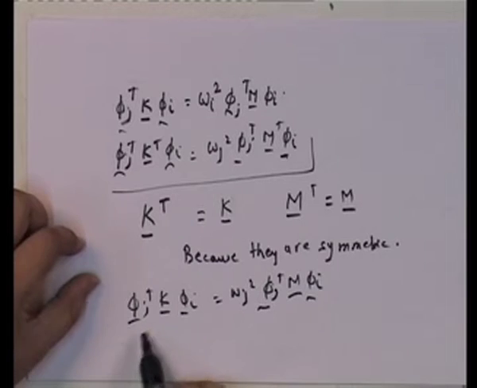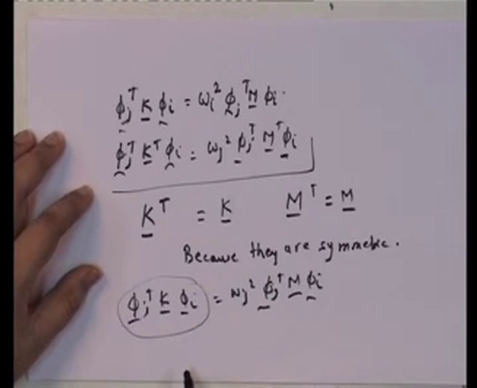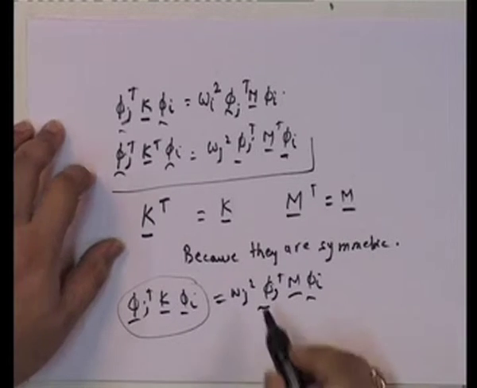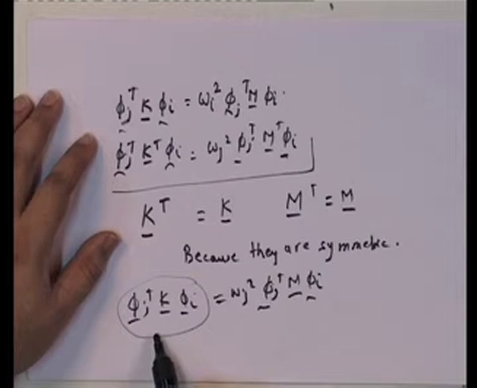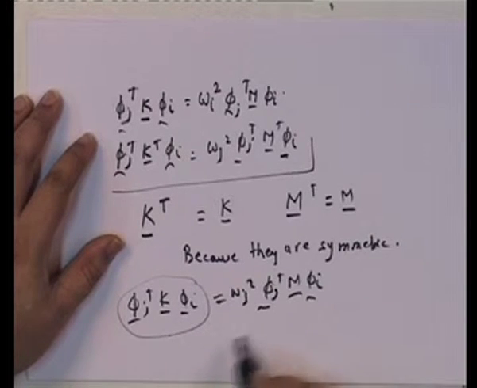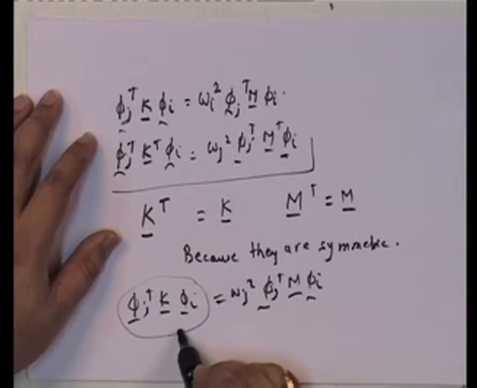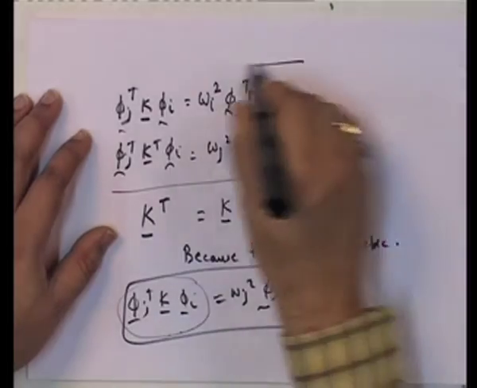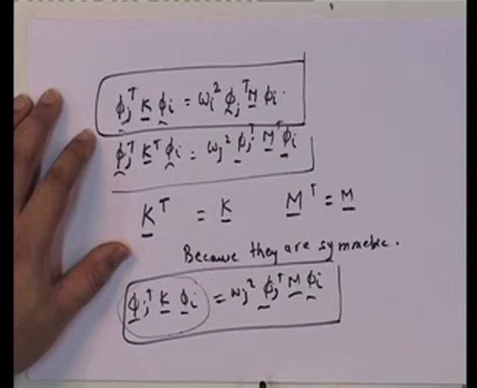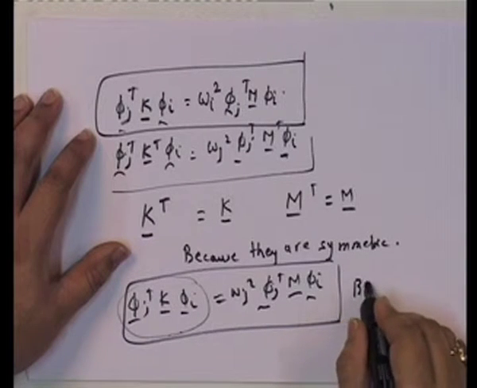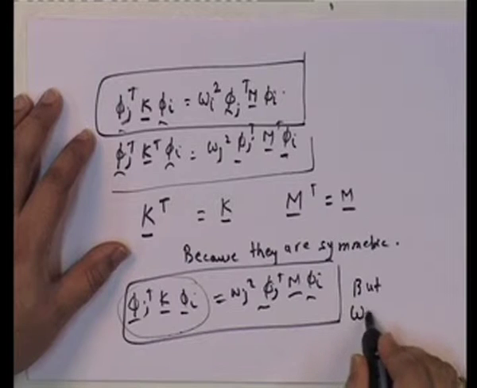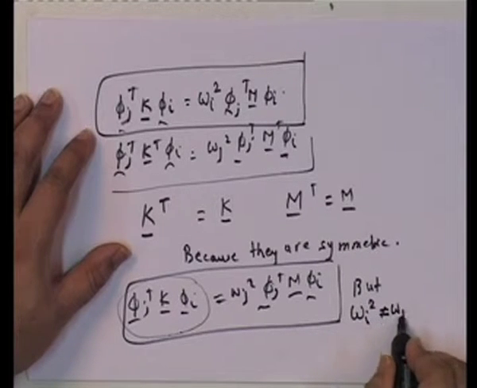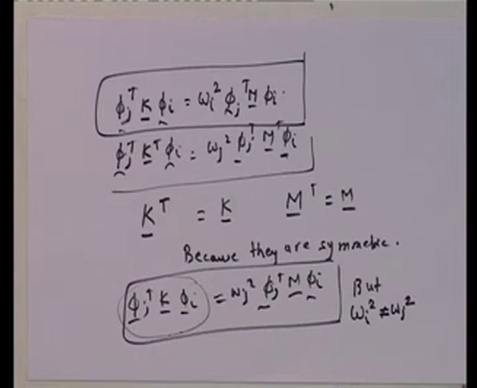Now, this is a scalar. If you look at this equation and the earlier one, they are identical on the left side, but omega I squared is not equal to omega j squared. Do you agree? Because they are two different natural frequencies.